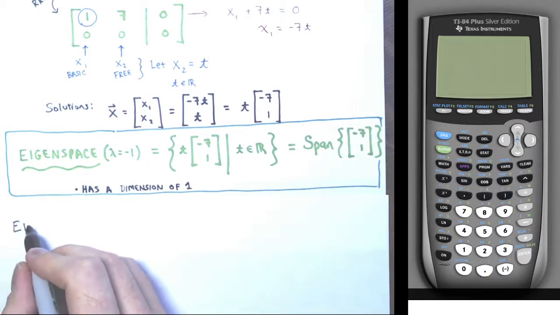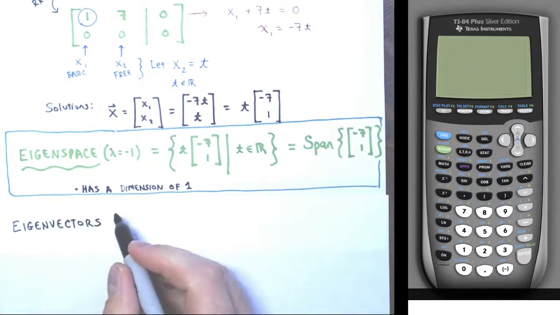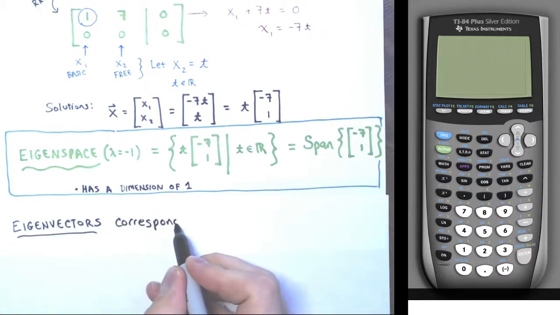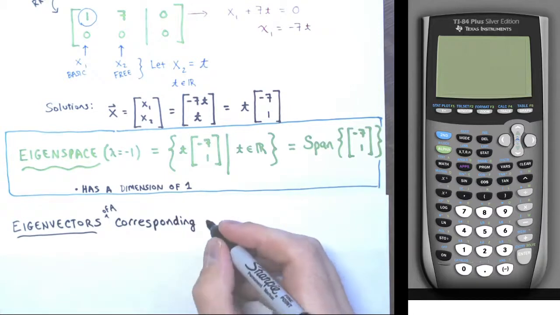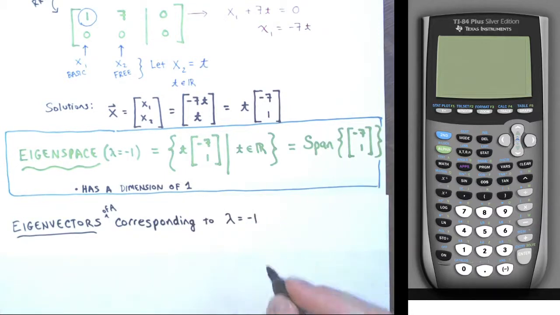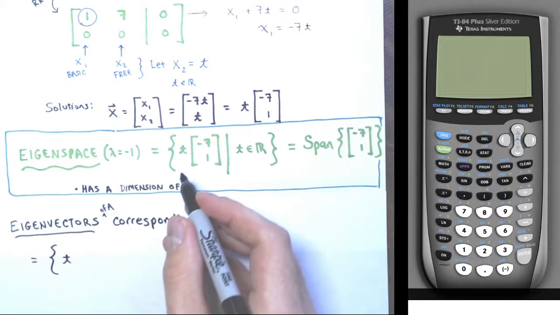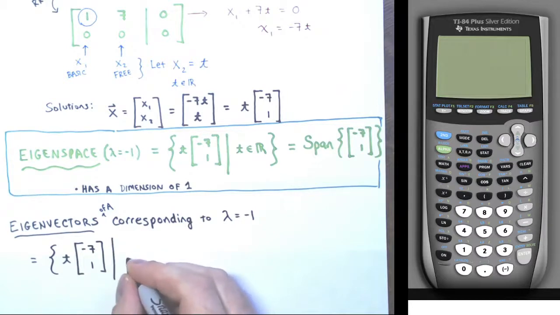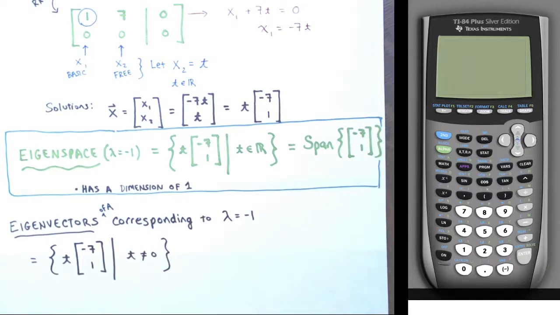So the eigenvectors of matrix A corresponding to lambda equals negative 1, corresponding to that eigenvalue, are the set of these vectors: some scalar t times the vector negative 7, 1, as long as t is not 0.